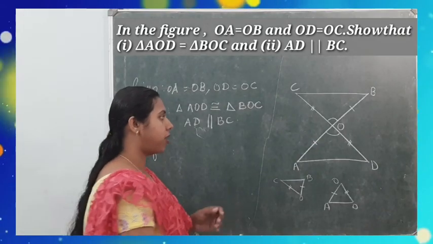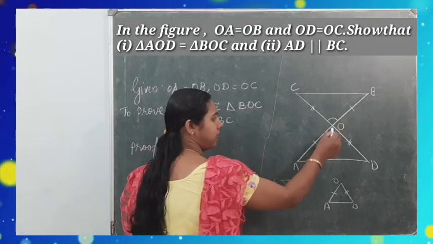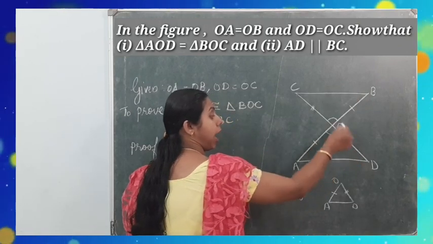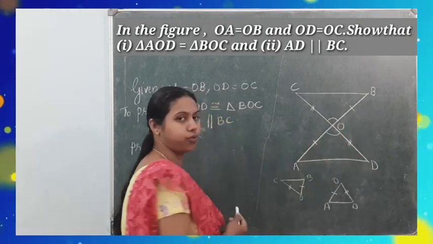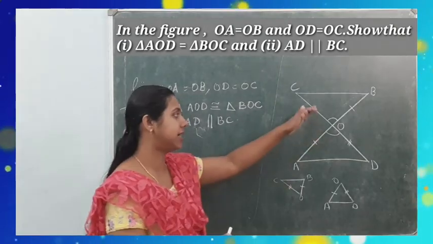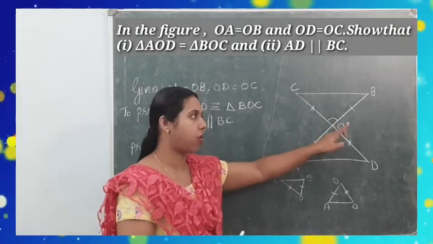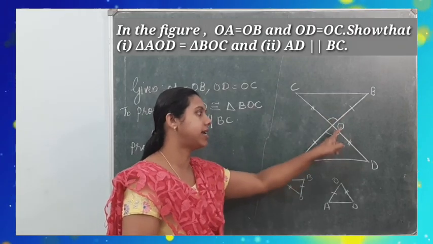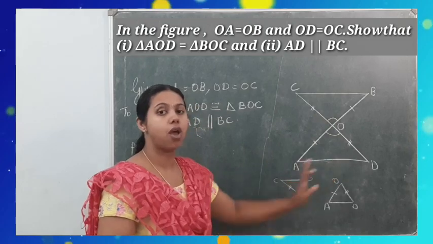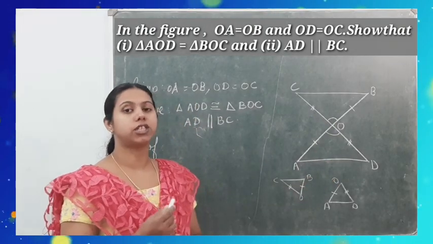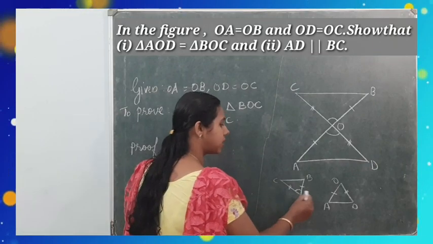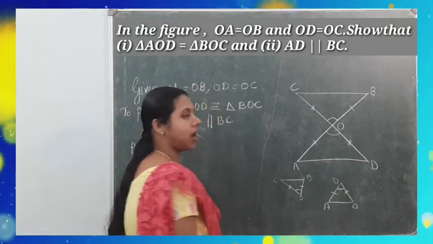Now, one of the angles is also given, angle COB and angle AOD. What type of angles are these two? They are vertically opposite angles because they intersect each other at the point O. Line AB and line CD intersect at the point O. So these two angles are vertically opposite angles. We know that vertically opposite angles are equal. So angle COB is also equal to angle AOD.